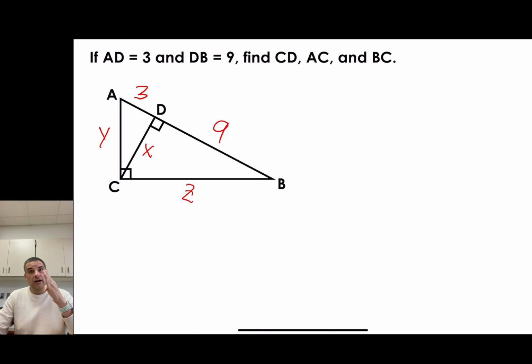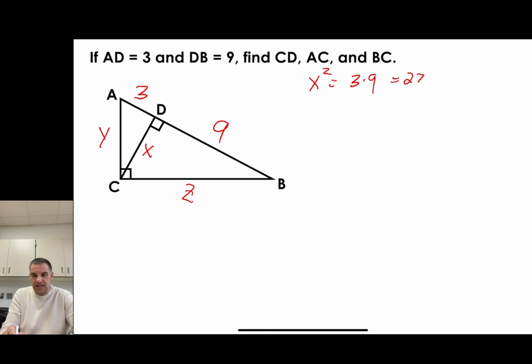And we said our altitude squared was equal to part times the part, segment times the segment. Our segment is 3, our segment is 9. So x squared is going to be 3 times 9. So 3 times 9 is 27.